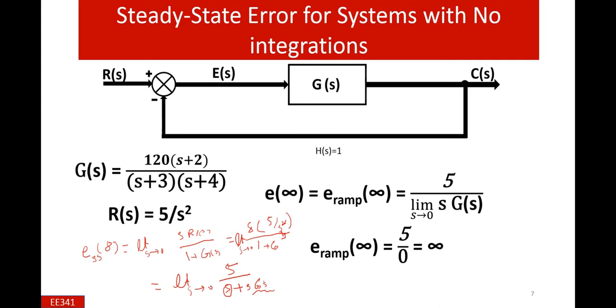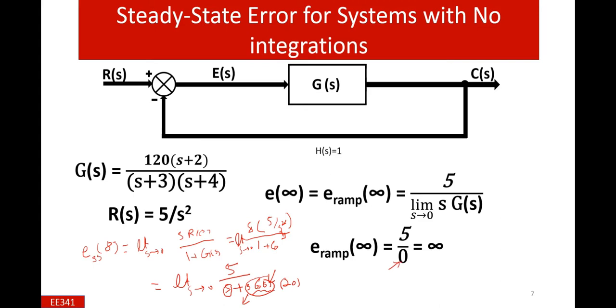Then we have to find the value of this whole term using the g of s open loop transfer function. For example, g of s at 0 in the last case we found 20, but this s makes the term 0. So something over 0 is infinite.